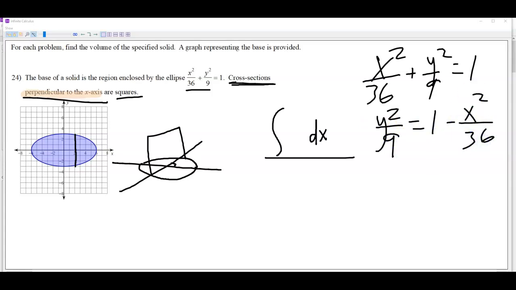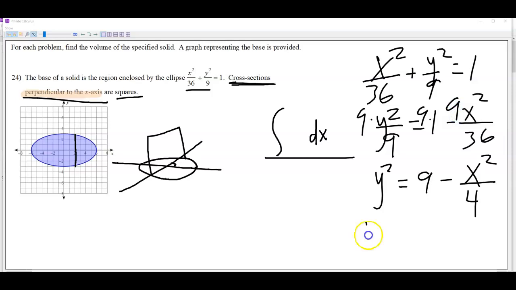Then I'm going to multiply everything by 9, which would give me this. The x squared over 36 becomes x squared over 4, because when you multiply by 9 on everything, the 9 over 36 reduces to 1/4. And then finally we're going to take the square root on both sides, which gives us this.